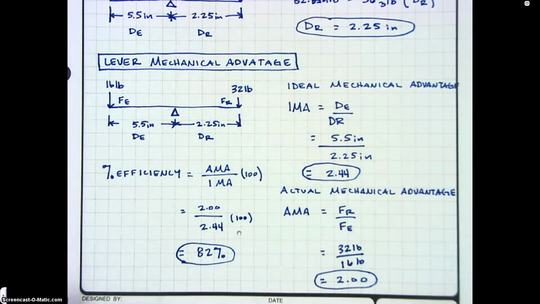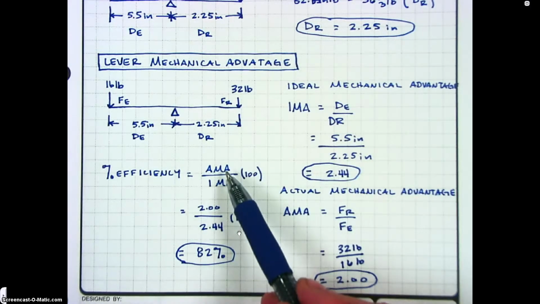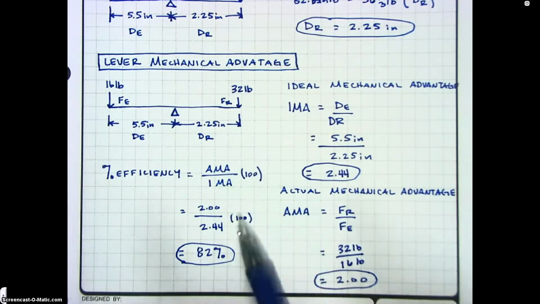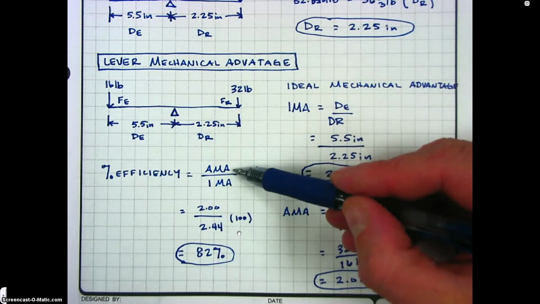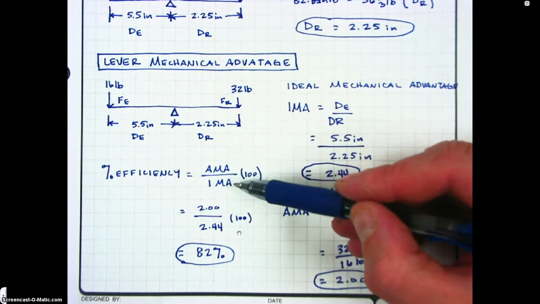And so we know that our efficiency will never be 100% because what actually happens is always going to be less than what ideally could be calculated. And the reason is because actual mechanical advantage takes into account things like friction, and ideal mechanical advantage does not.